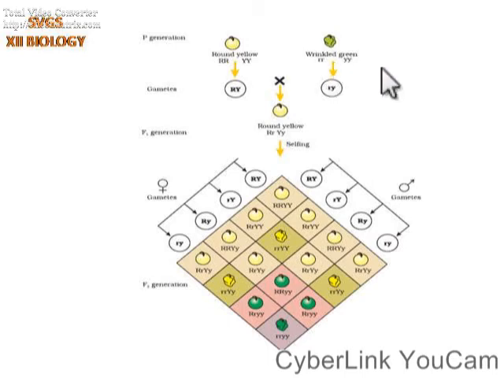This is the parental generation and he made the cross. For round, the gene is represented as capital R, and for yellow it is capital Y. The recessive is the lowercase one. For wrinkled it is small r, and for green color it is small y.